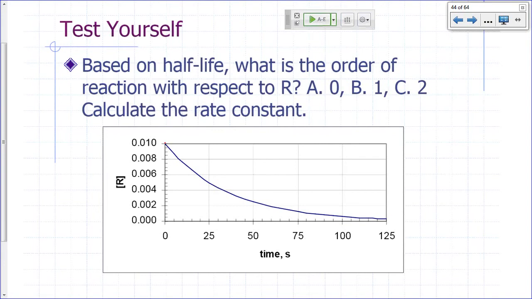How long did it take to go from 0.01 to 0.005? So when R is 0.01, what's our half-life? 25 seconds.